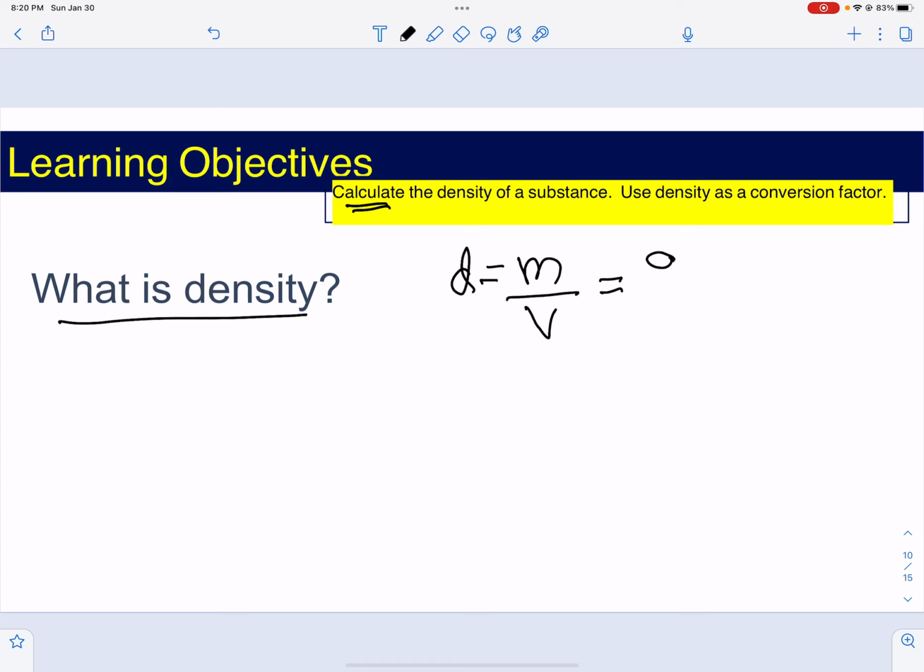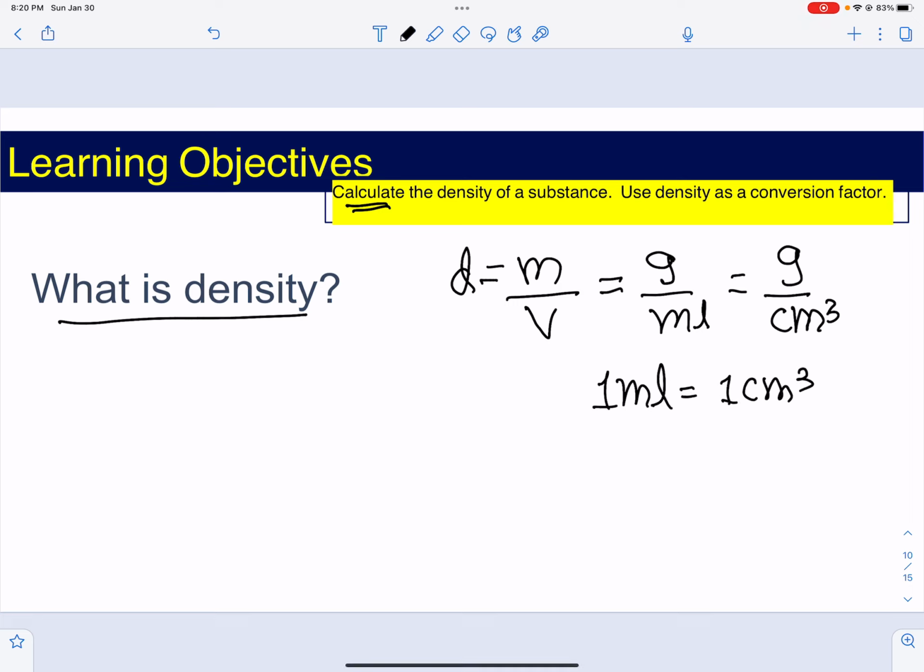Usually, it's going to be grams over milliliters if it happens to be a liquid. If it's a solid with a defined shape, it's usually going to be grams divided by cubic centimeters, because 1 milliliter is the same as 1 cubic centimeter. What does that mean?